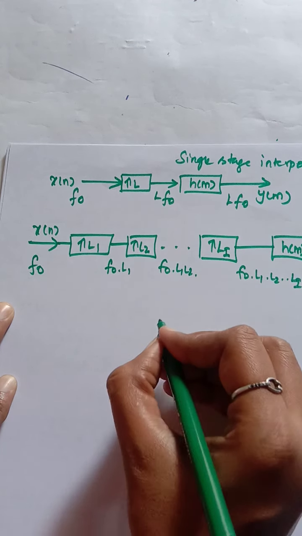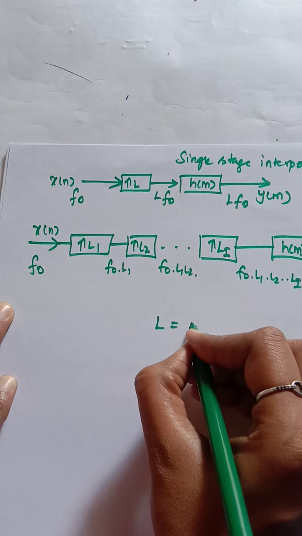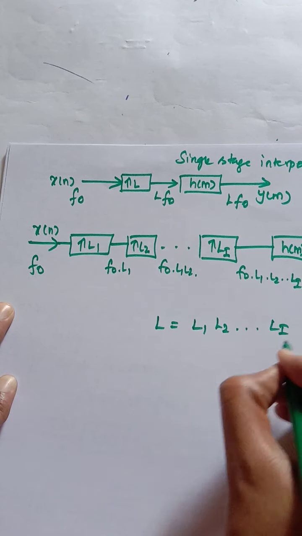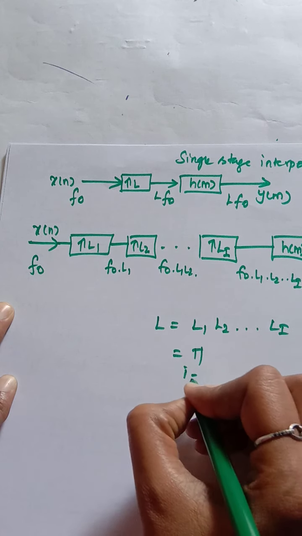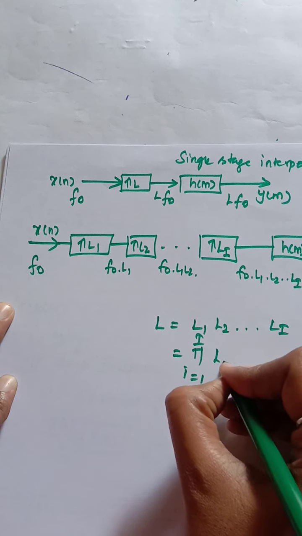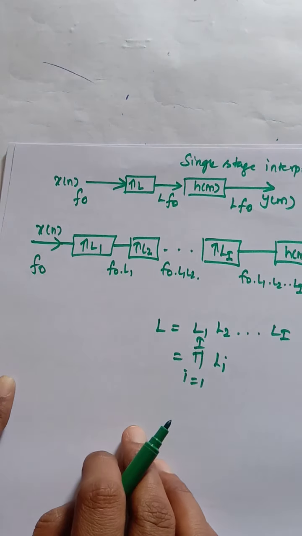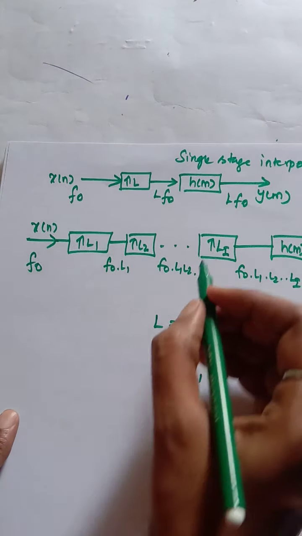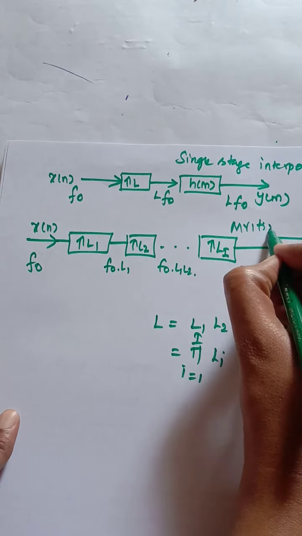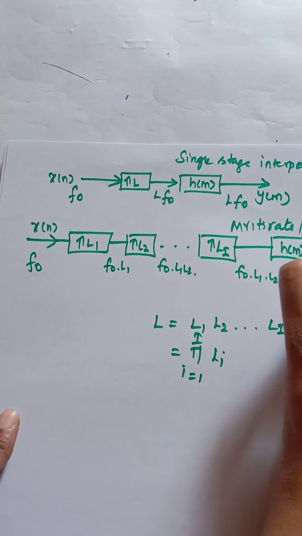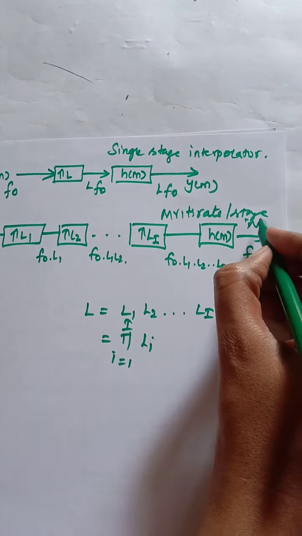We use the same concept, where the product of Li for i equal to 1 to I can be written as L, so the output is f naught into L. This is the multi-stage or multi-rate interpolator.